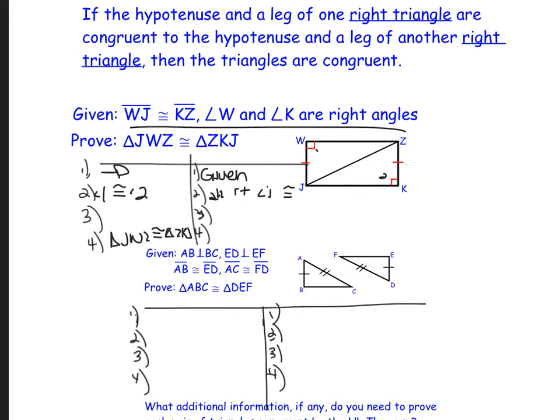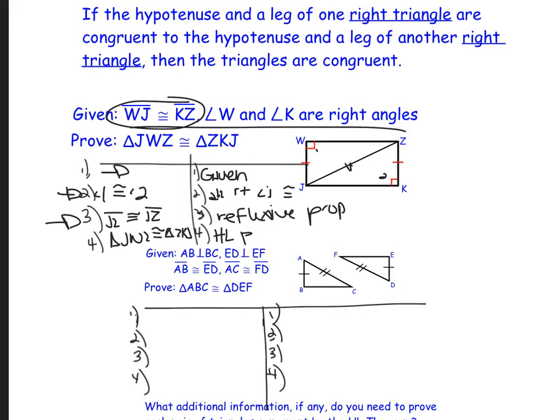Then you're going to say that JZ is congruent to JZ, and your reason for that is the reflexive property. Now we have two pieces of congruent information, we have this piece and this piece. So we can say that the triangles are congruent, and it's going to be because of the hypotenuse leg postulate.